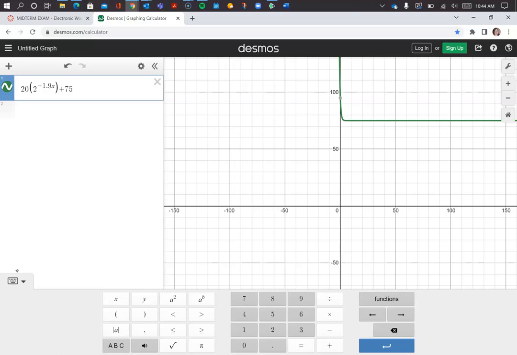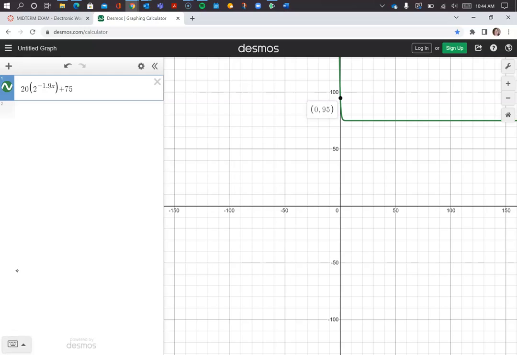Okay, and for the first part of the problem after the graph, the first calculation you're going to make is f of 0, and you can look right here. You can use your Desmos graph and see that 95 is when no time has passed. So that's actually where we're going to start.